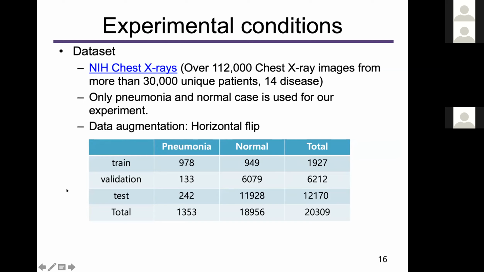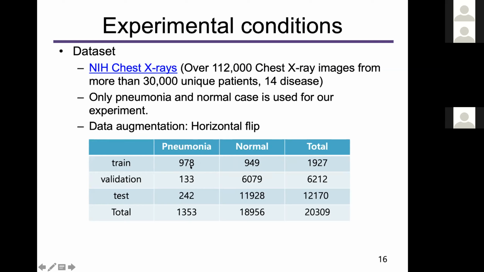And this is how we divide our data set into train, validation, and test. Because in this data set, there are so many normal chest X-rays compared to pneumonia, if we simply divide it like half for training and half for test, then in the train set there must be a superior number of normal chest X-ray data compared to pneumonia.